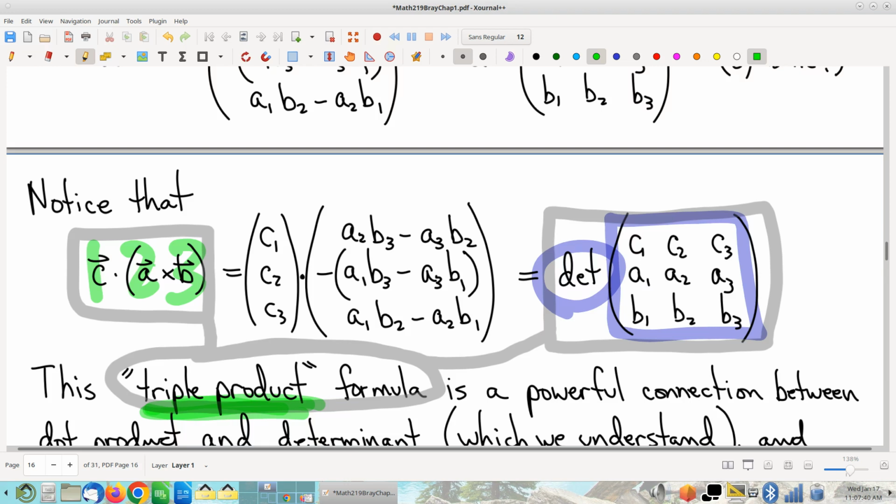And to be fair, if you have a list of vectors, it's really easy to turn it into a matrix. If you have a matrix, it's really easy to turn it into a list of vectors. Nevertheless, technically, they're different things, and so we have this new word. But when you see the word triple product, the very first knee-jerk reaction should be: oh, determinant of the corresponding matrix, of course. Triple product is kind of pretty much just determinant.